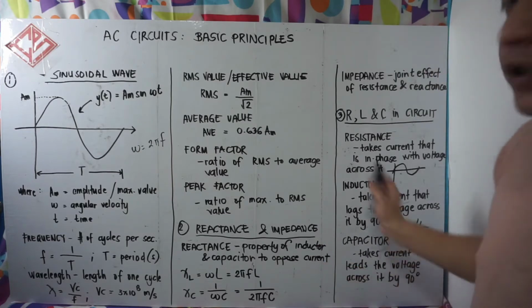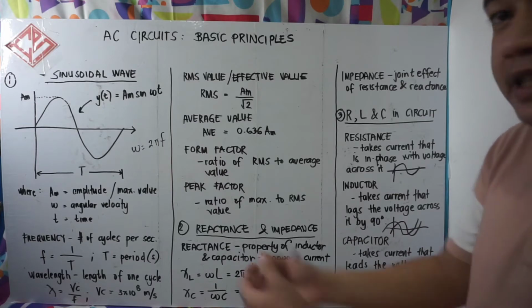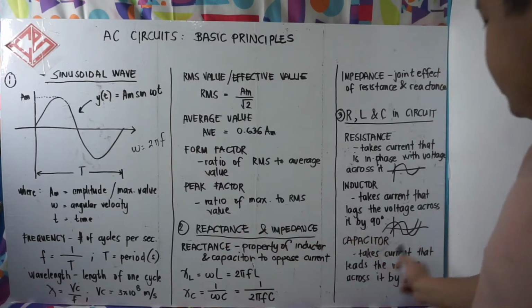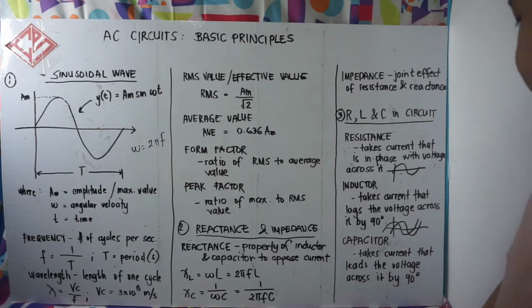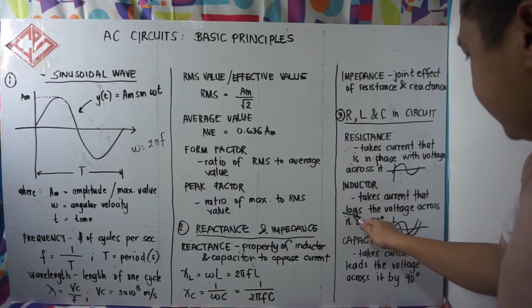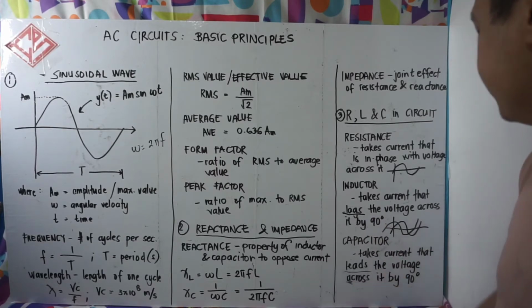The current waveform lags by 90 degrees, or it is behind by 90 degrees. For a capacitor, the current leads the voltage across it by 90 degrees. So for an inductor, it is lagging. For a capacitor, it is leading.